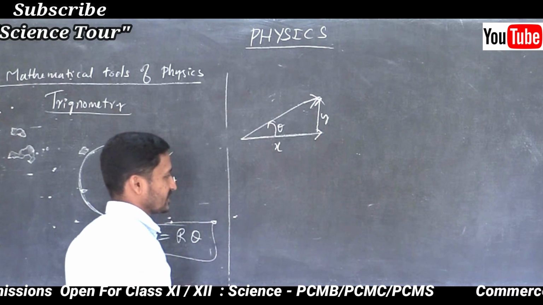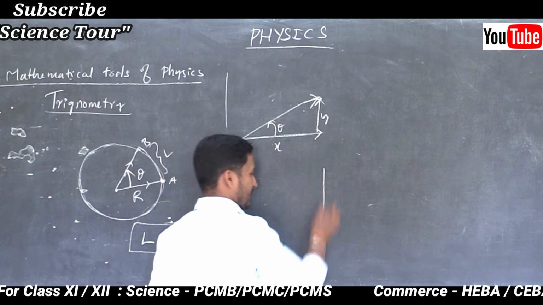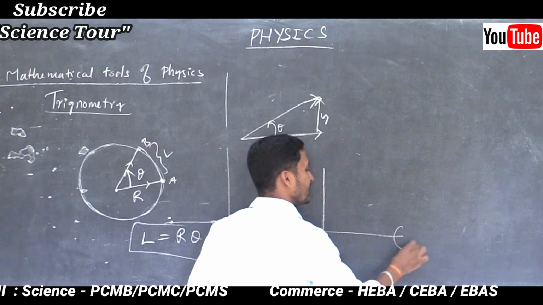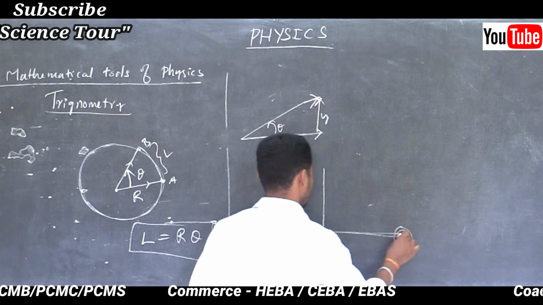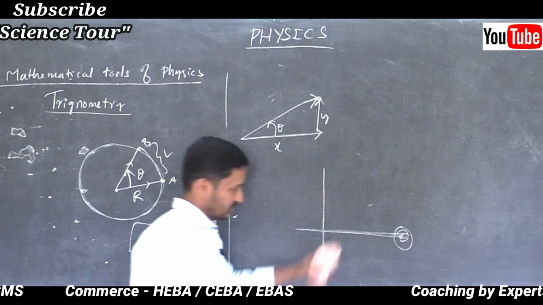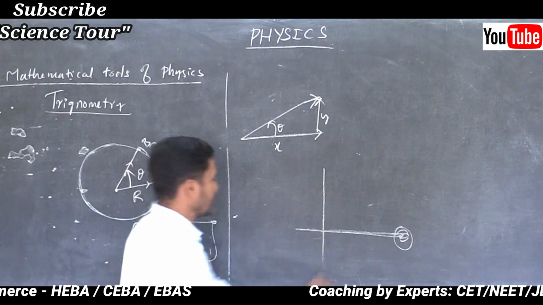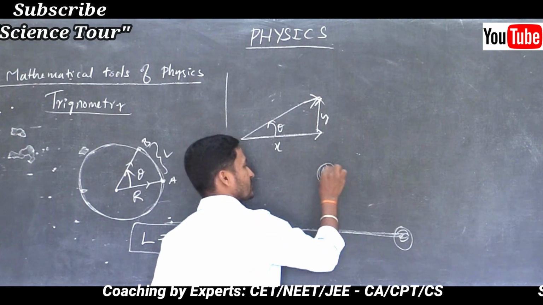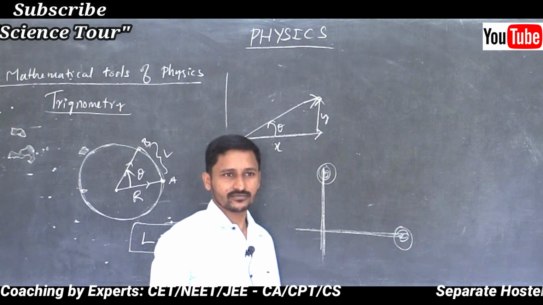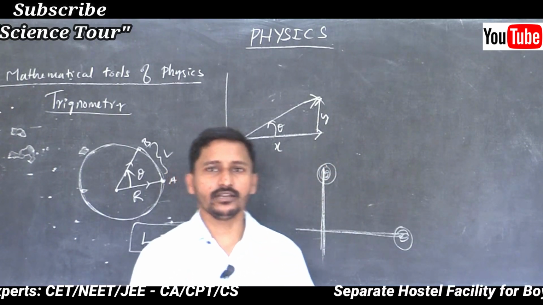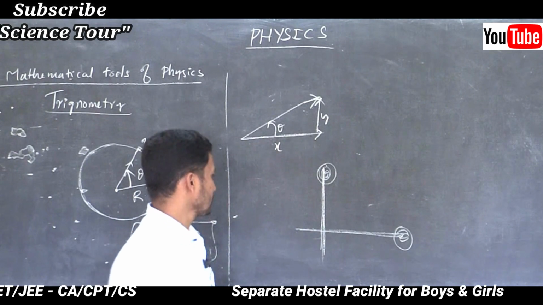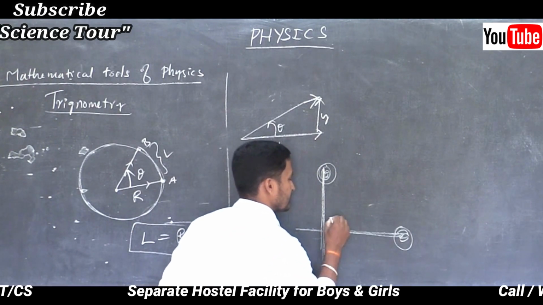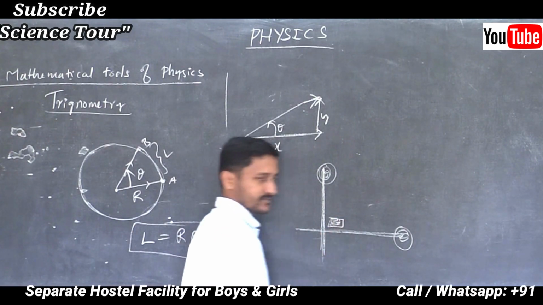Now consider a scenario in such a way that some wheel is attached to this rod, imagine this is a rod. Again one more rod is there in this way, and some wheel is attached here, we will call it a pulley, a smoothly moving wheel. Now one object is there like this.